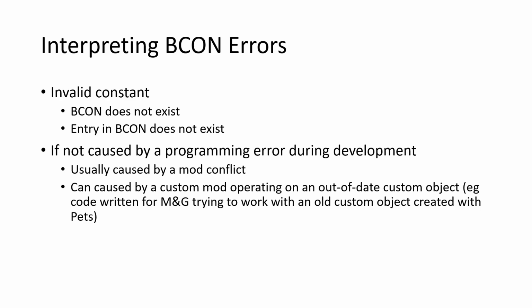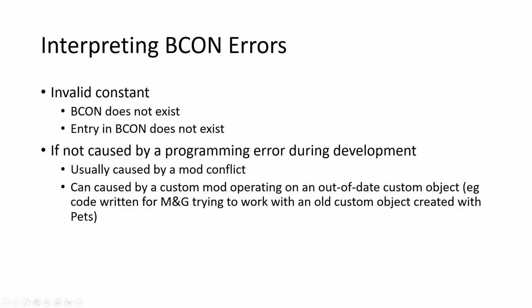If you've got an old custom object that you've downloaded from somewhere and it was created before Pets or whatever, and you try and run it up with M&G or FreeTime, it will be looking for values that don't exist. That's the other common cause of generating those errors.